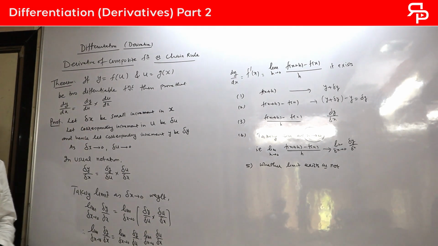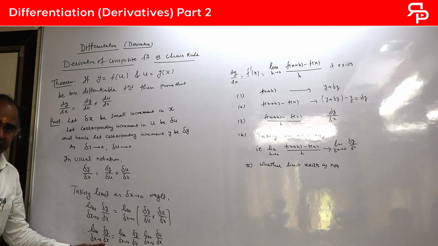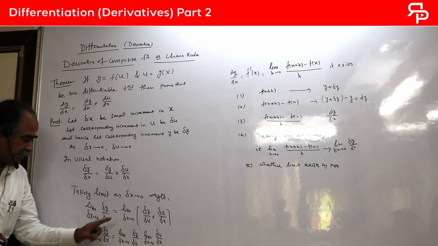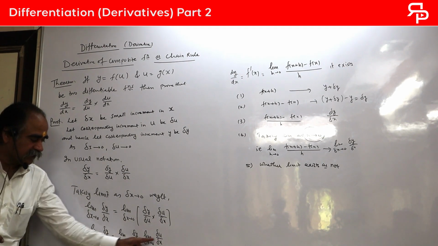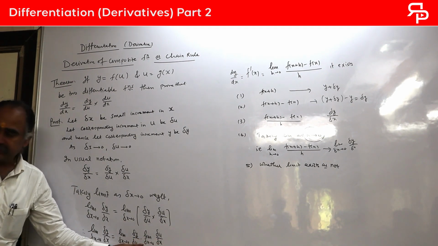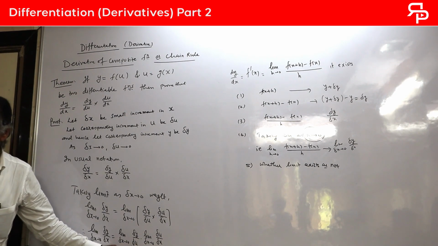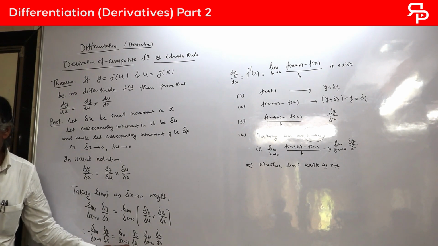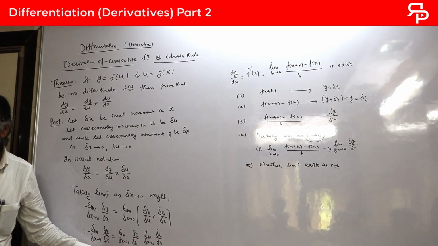Now in denominator we have got delta x and delta x is approaching to 0. Here also delta u by delta x, delta x is approaching to 0, but in this case we have got delta u in the denominator, whereas limit is delta x approaching to 0. What is required here?